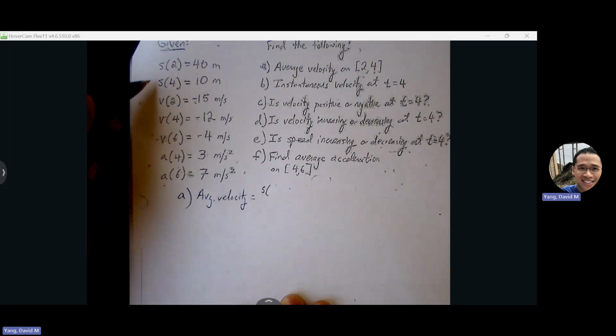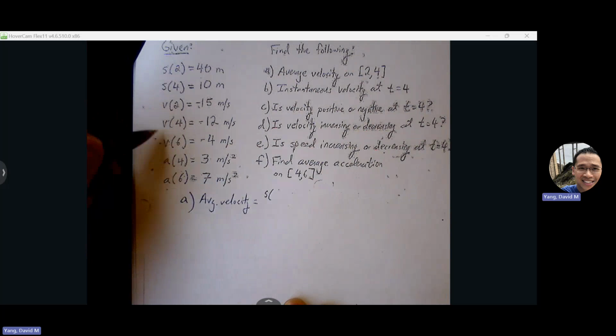And sorry, S is representing position. So S is position, V is velocity, and A is acceleration.